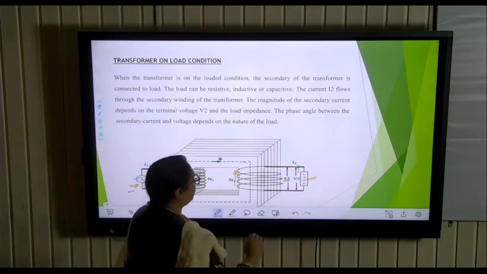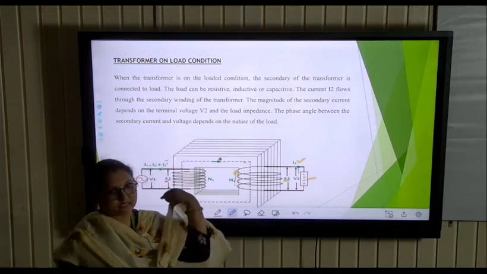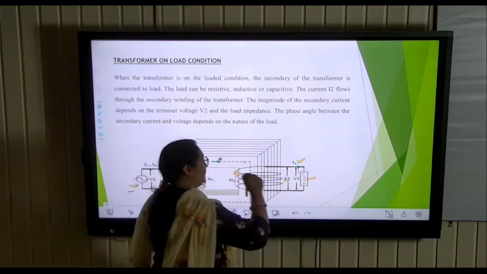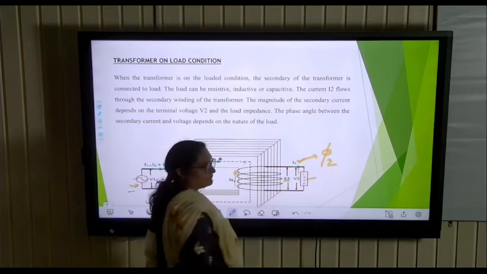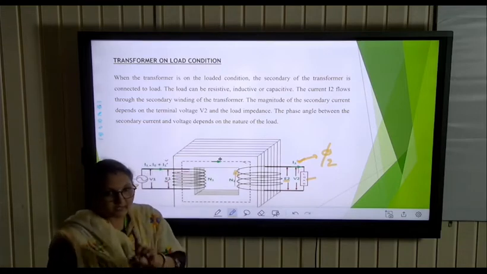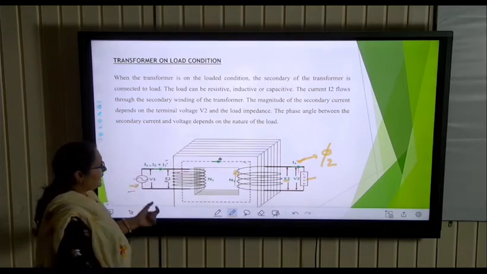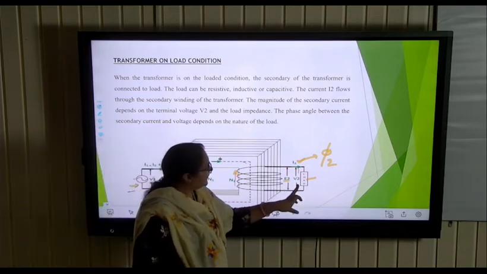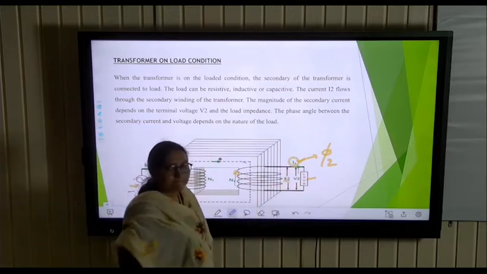Because of that, there is a current I2 which will start flowing in the secondary side. Now this current I2 will also create its own flux, suppose phi2. The flux created by I1 initially is phi, and since the circuit is closed, another flux will be created by this current I2.